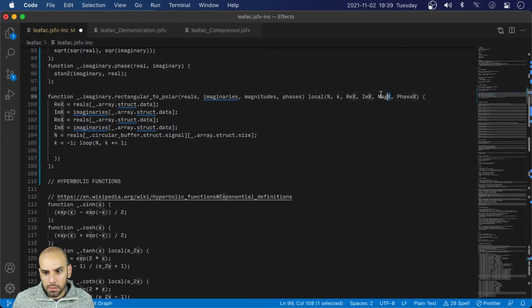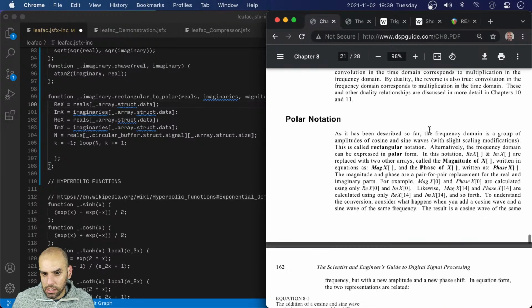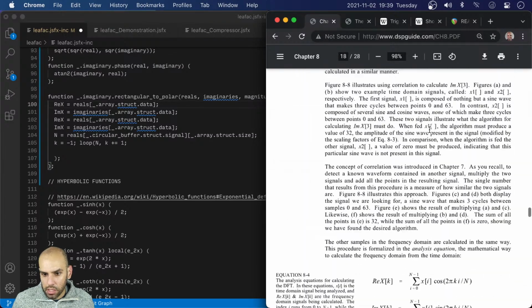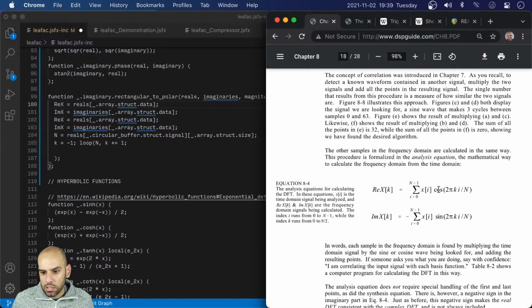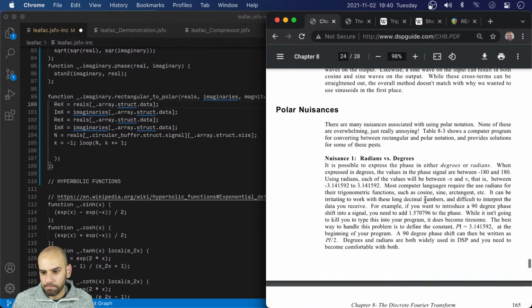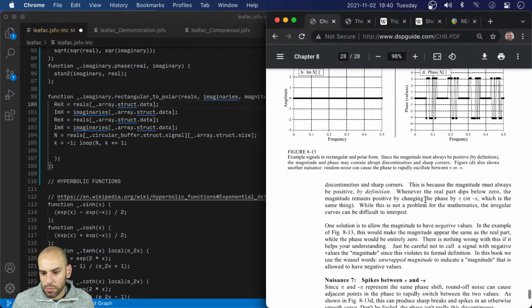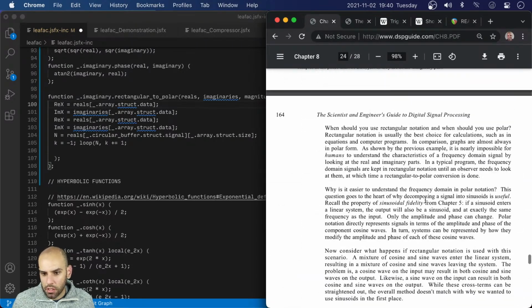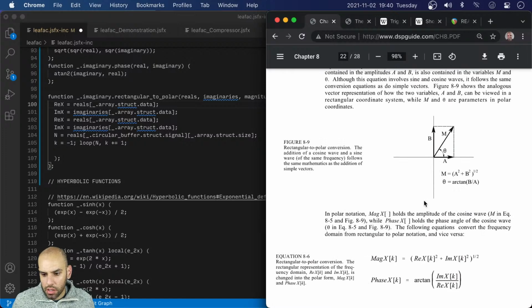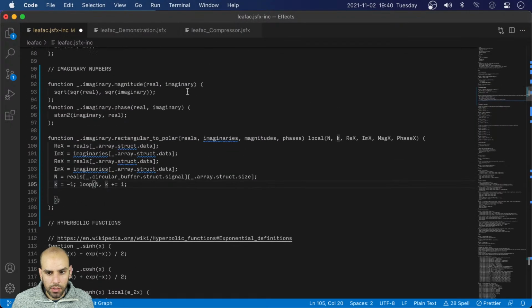The capital X means we are in the frequency domain, while lowercase x's like those in Formula 8.4, these lowercase x's mean signal in the time domain. Where's my equation? I lost my equation. Oh no, where is my equation? There you go. I don't really need it. I already implemented, but whatever.